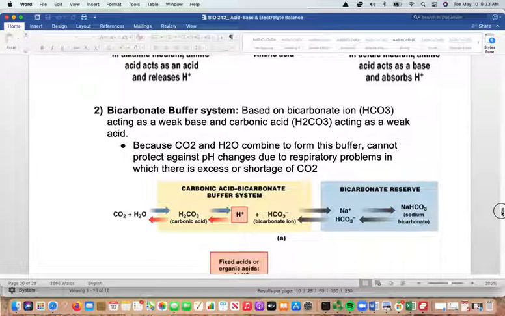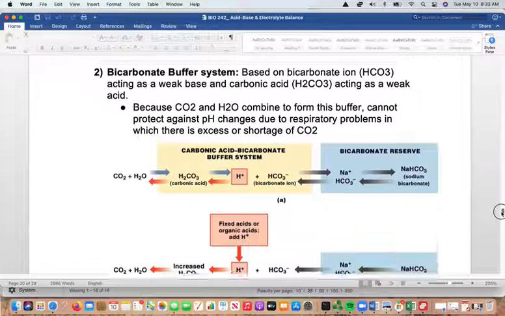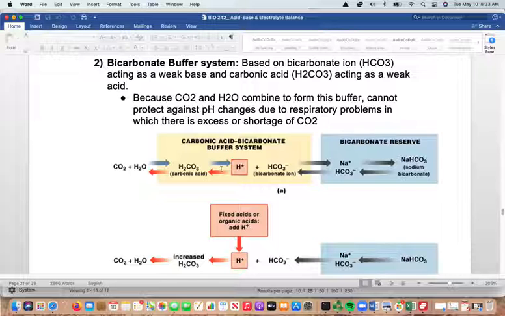So this works because carbon dioxide and water combine to form this buffer, but it cannot protect against pH changes due to respiratory problems where there is excess or shortage of carbon dioxide. So here you can see the carbonic acid going back and forth between bicarbonate ion.